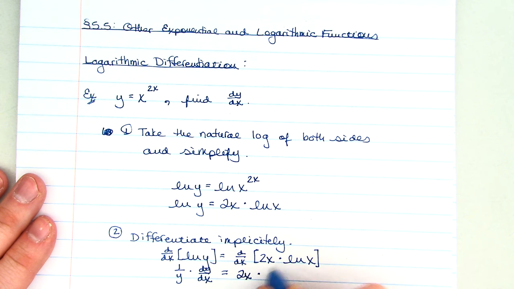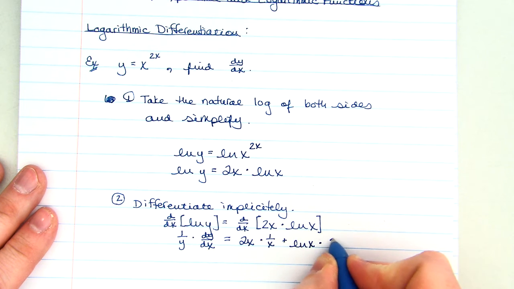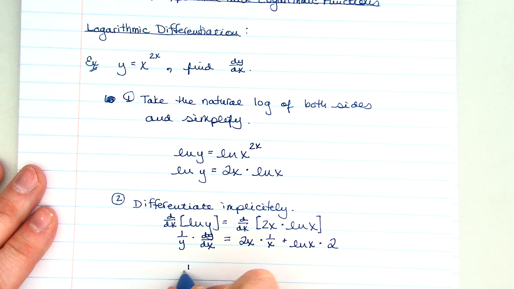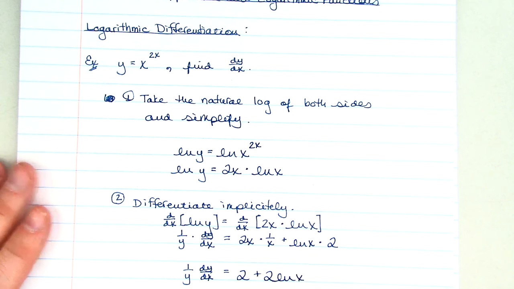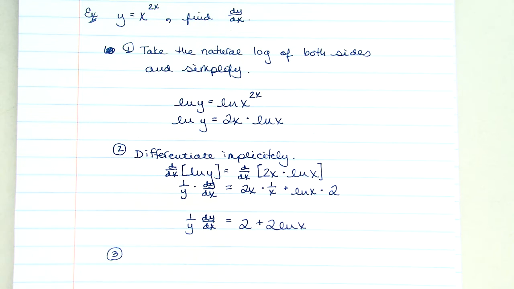First, times derivative of the second, plus second, natural log of x, times the derivative of the first is 2, and I should clean that up a little bit. So let's say this is 2 plus 2 ln x. Now, I need to go and solve for dy dx.